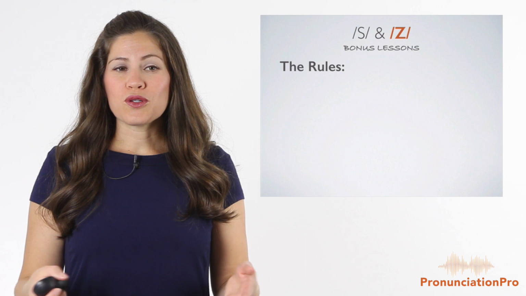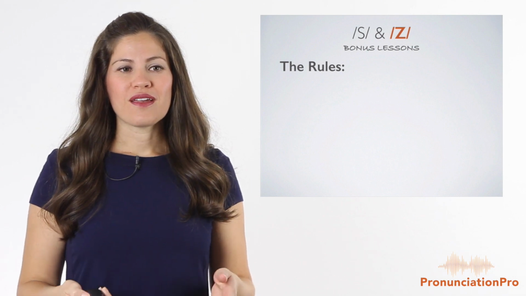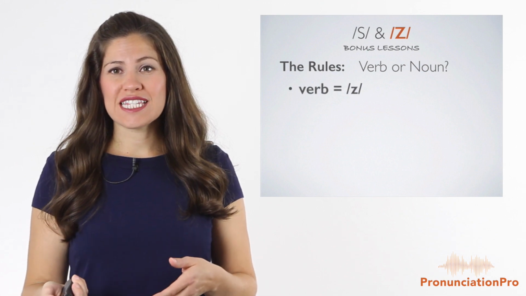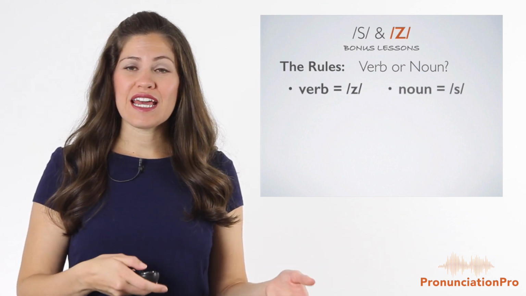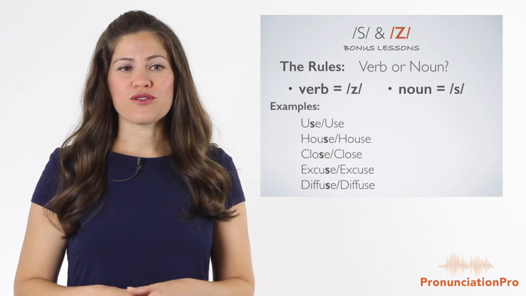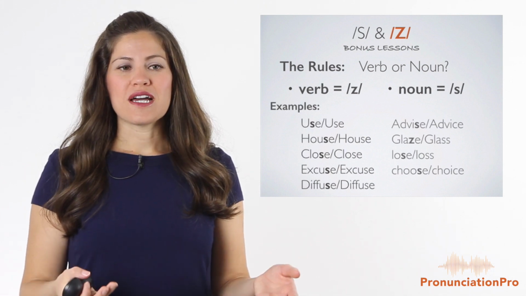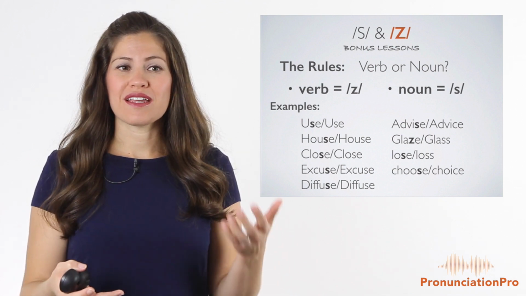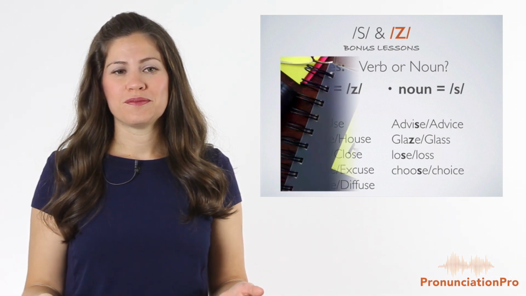All right, some other rules we have with the heteronym words. Okay, if it's a verb, it's going to have a Z sound. If it's a noun, it's going to be an S sound. So we have all these examples that we went through. We won't go through them again. But words that are spelled the same but pronounced differently depending on if it's a verb or a noun.